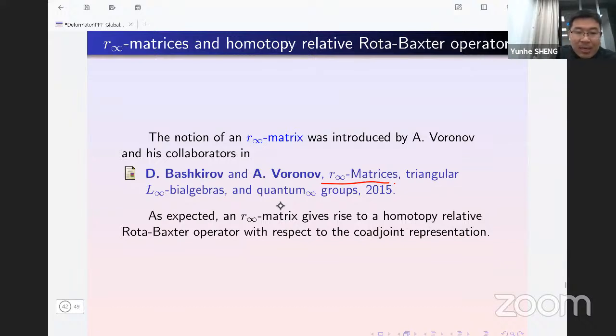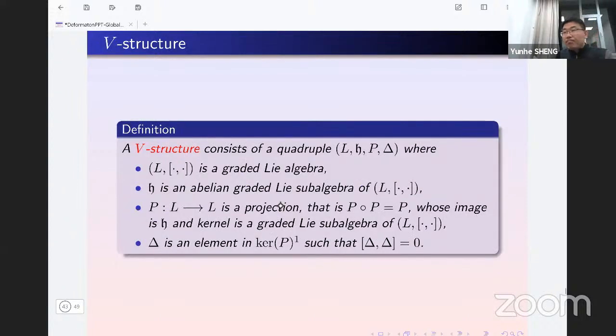And here, as expected, an r infinity matrix gives rise to a homotopy relative Rota-Baxter operator with respect to the coadjoint representation.